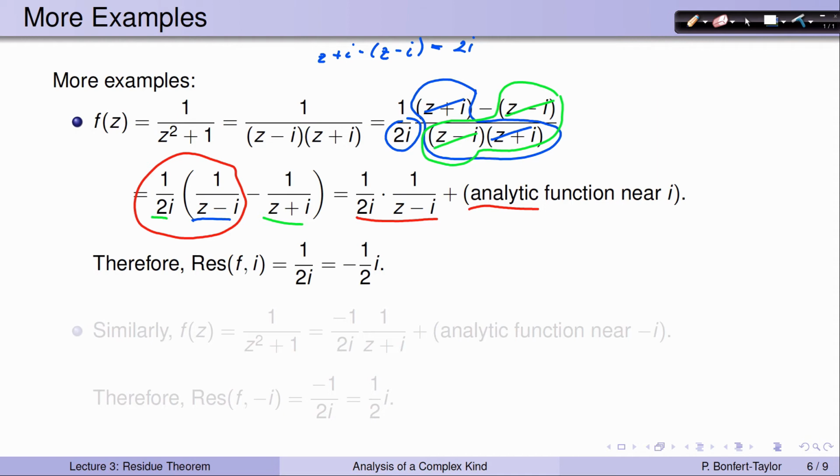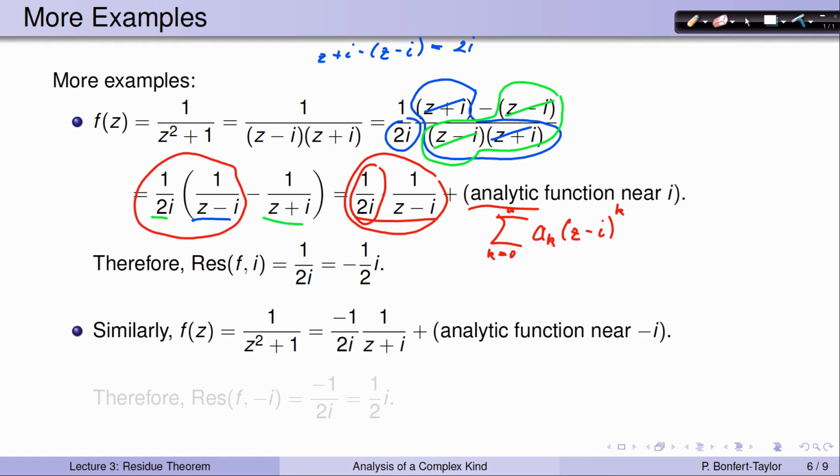I know an analytic function has a Taylor series expansion, and so I can write this analytic function as a Taylor series, sum over k from 0 to infinity of a_k (z minus i)^k. And together, these two must form the Laurent series by uniqueness of the Laurent series. Therefore, the term for k equals negative 1 is the one here up front, and a_{-1} is 1 over 2i, which equals minus 1 half i.